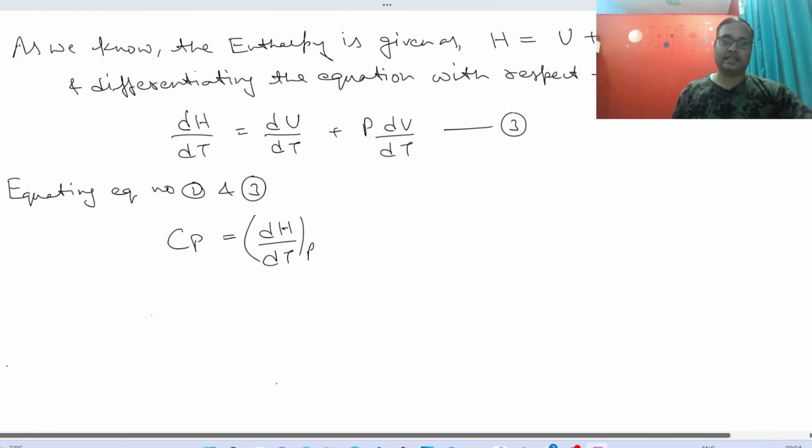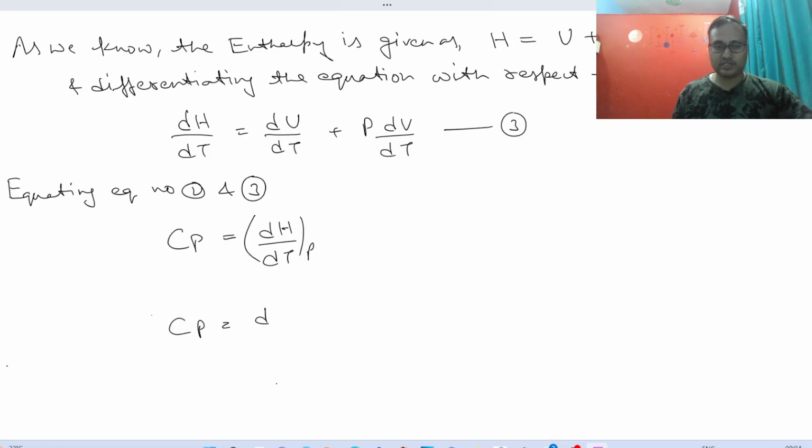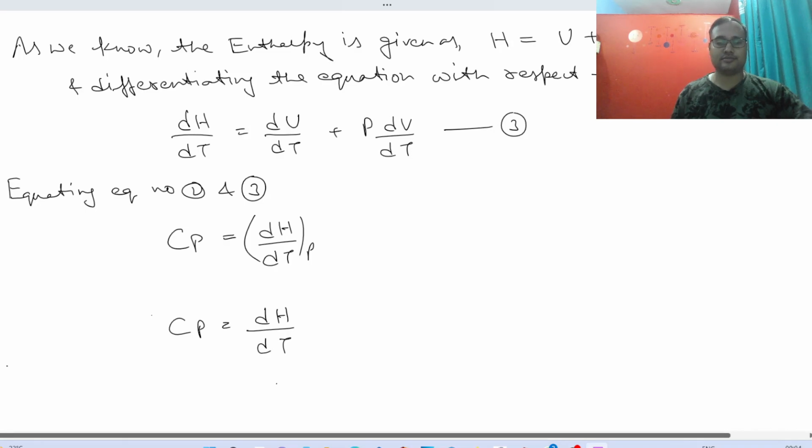Now for an ideal gas, the term pressure can be dropped and we can directly write Cp is equal to dH by dT.